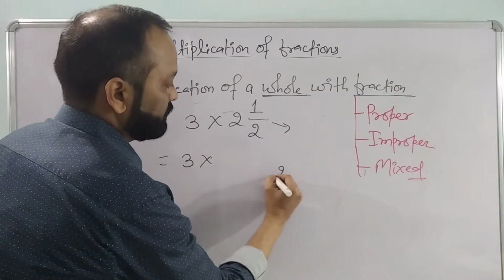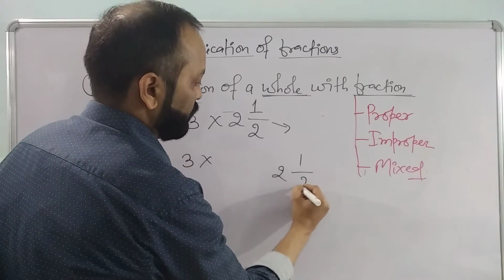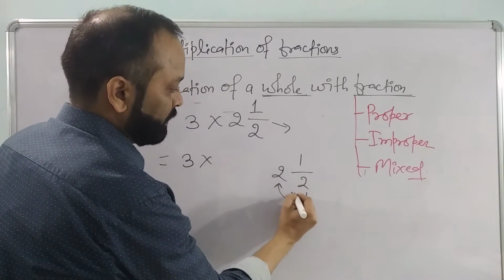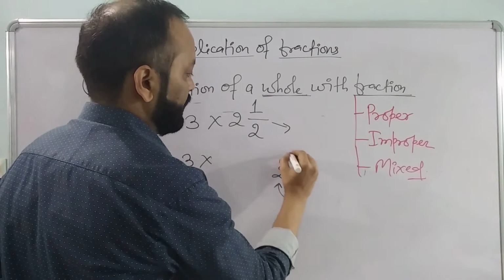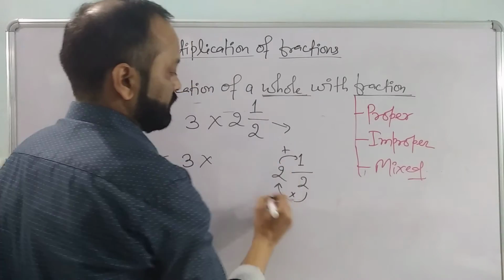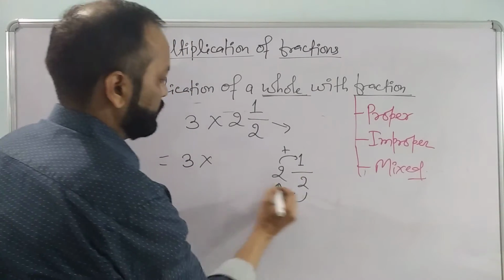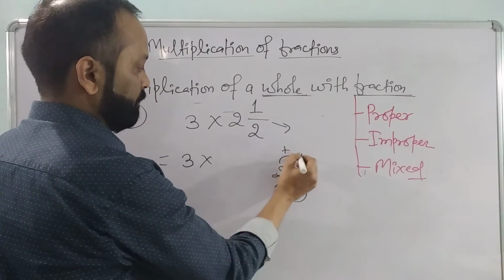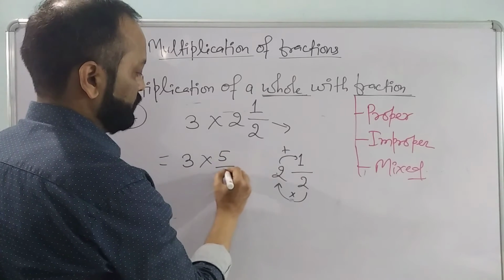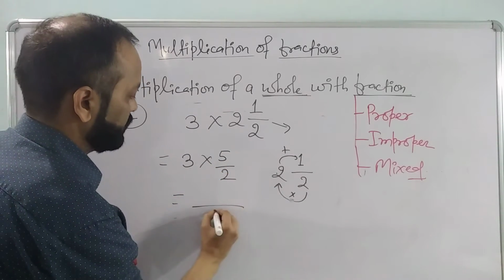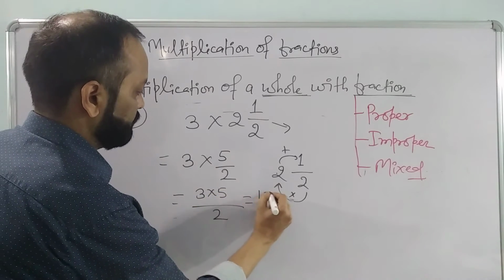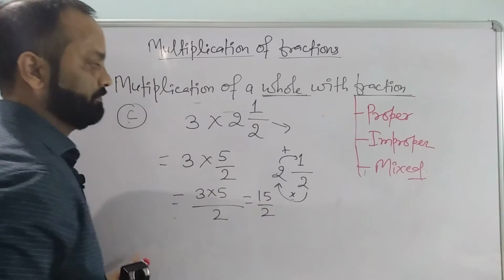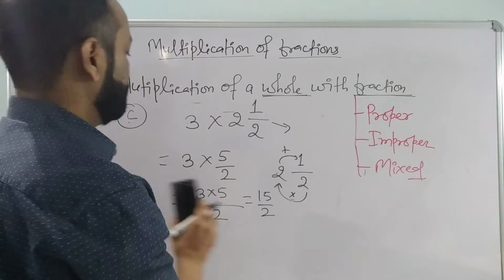So how do we do this? 2, 1 upon 2. We multiply this 2 with this 2 and add this 1, and the result will be 2 into 2 is 4, plus 1 is 5 upon 2. Now again the same process, 3 into 5, this will be 15 upon 2, correct?